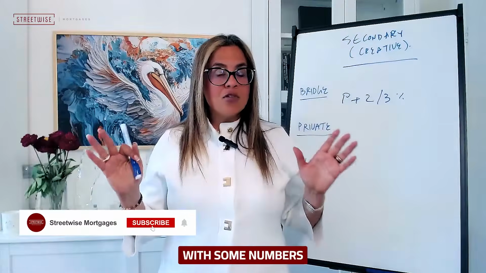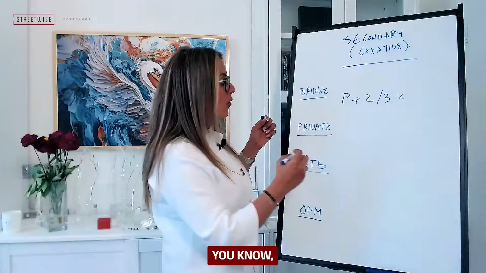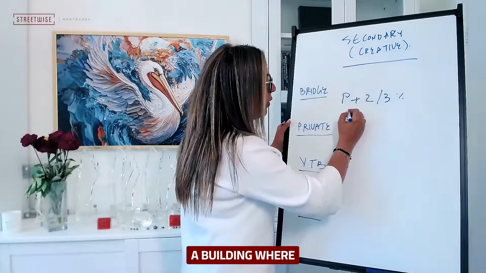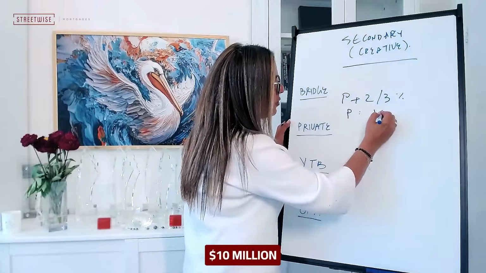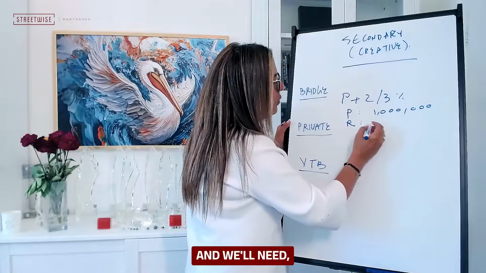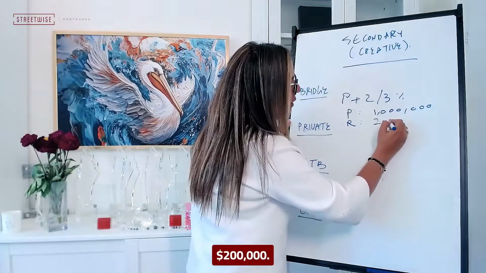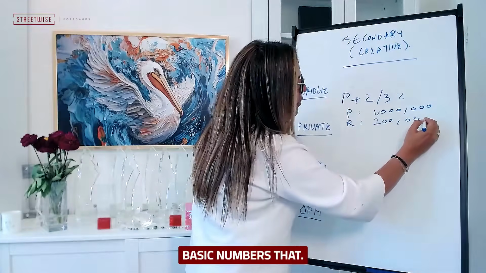Let's work with some numbers to demonstrate my point here. Let's say that you're buying a building where the price is $1 million and you are going to renovate this building and you need $200,000. I'm using some basic numbers here.